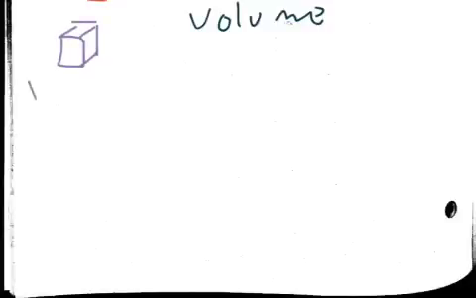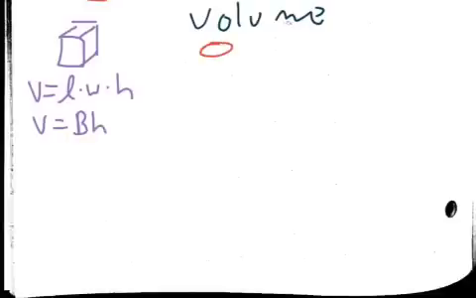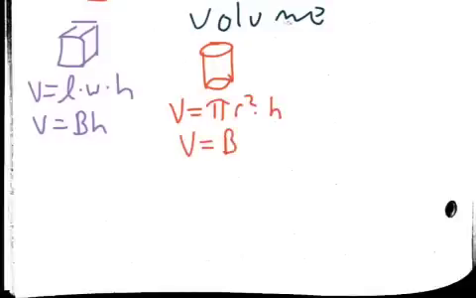So the volume of a prism is volume equals length times width times height, or volume equals base area times height. And then if you want to quickly draw a cylinder, it's a very bad cylinder, the volume of this is volume equals pi r squared times h, or again, volume equals base area times h.